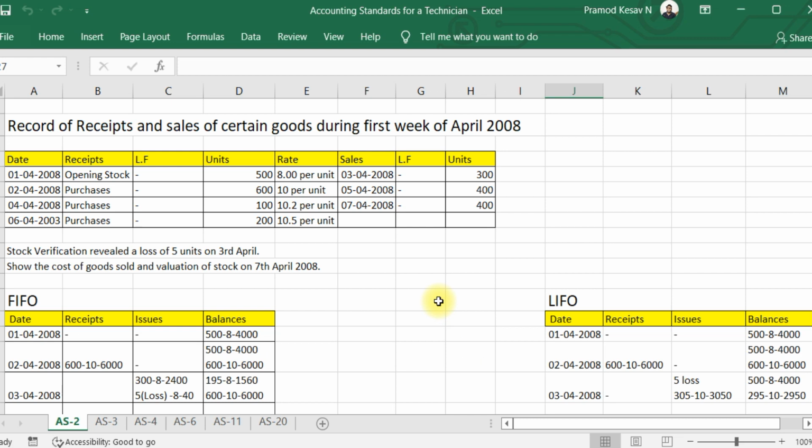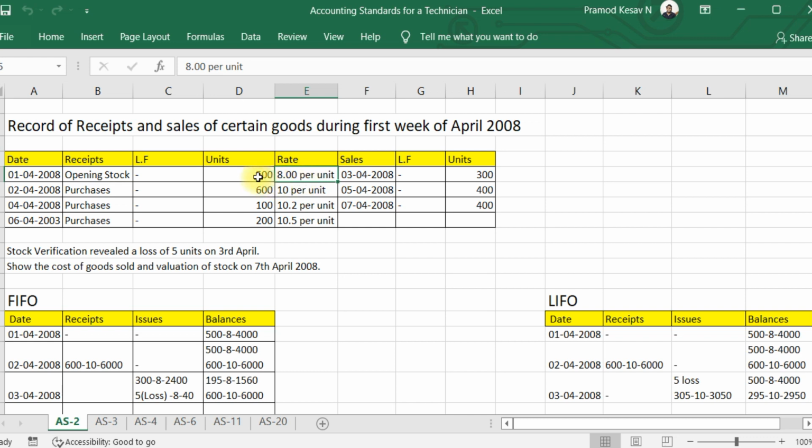That is a record of receipts and sales of certain goods during the first week of April 2008. Here it is told that on 1st of April 2008, the opening stock was 500 units, and for each unit in the inventory the rate was 8 rupees per unit.